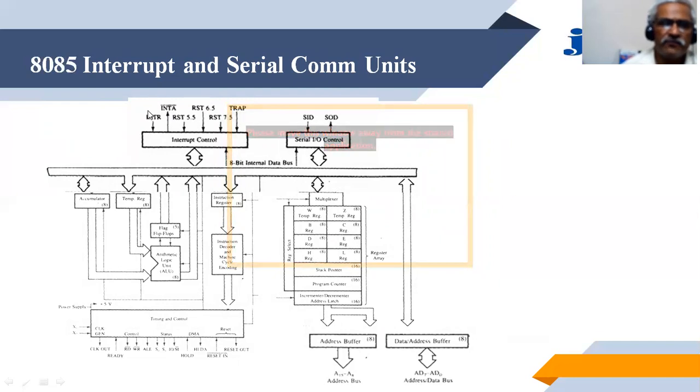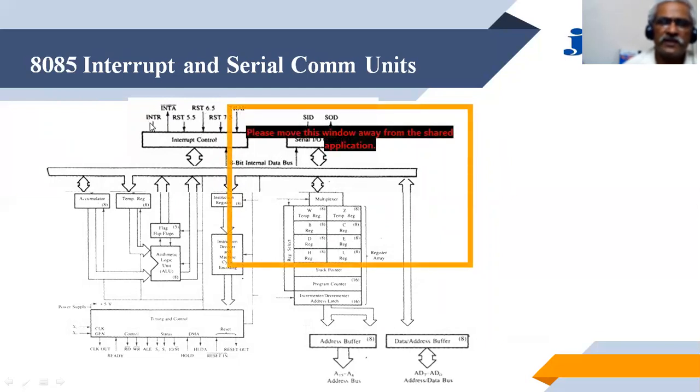There are 5 types of interrupts: TRAP, RST 7.5, RST 6.5, RST 5.5, and INTR. Of these 5 interrupts, 4 are vectored interrupts, and INTR is a non-vectored interrupt. And this pin INTA is called interrupt acknowledge.